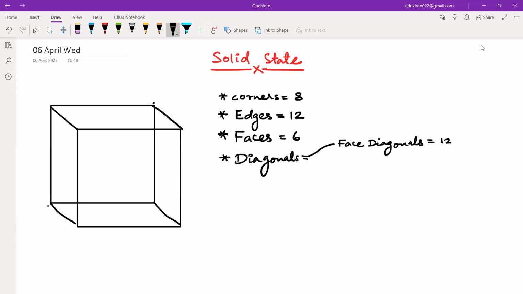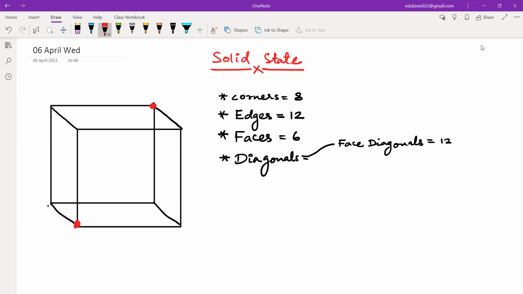Now there is one more type of diagonal that can exist here. If I look at this point and this point here, these 2 points are opposite points, right? These are opposite corners.